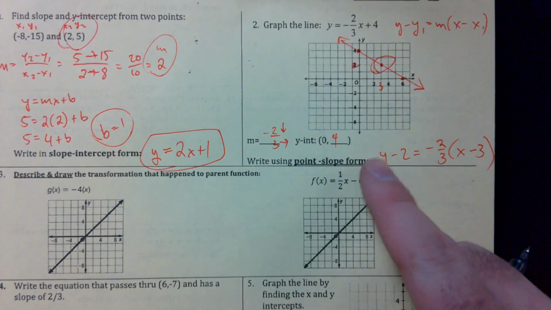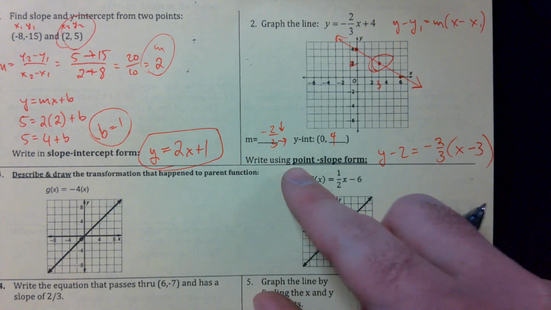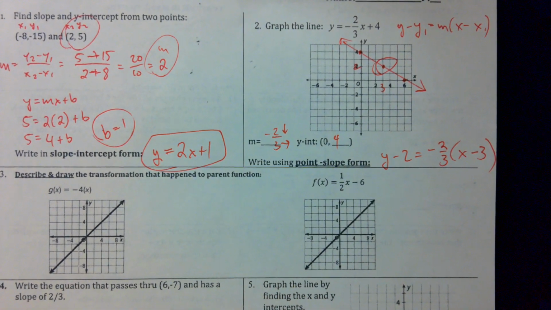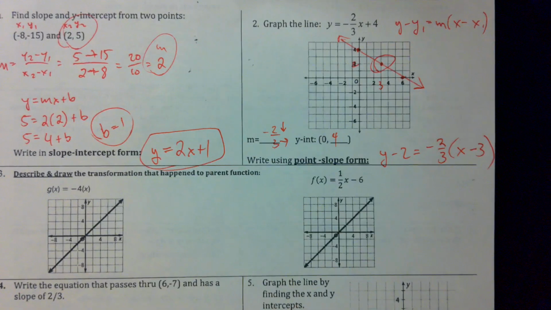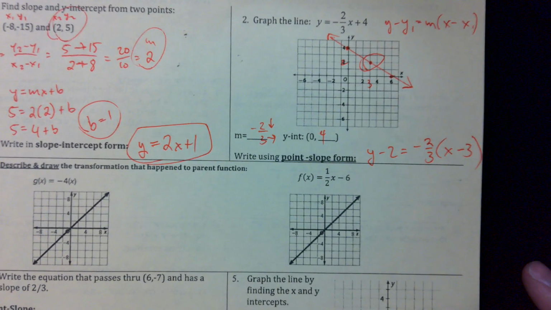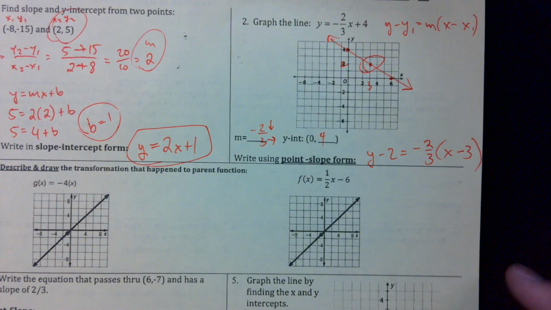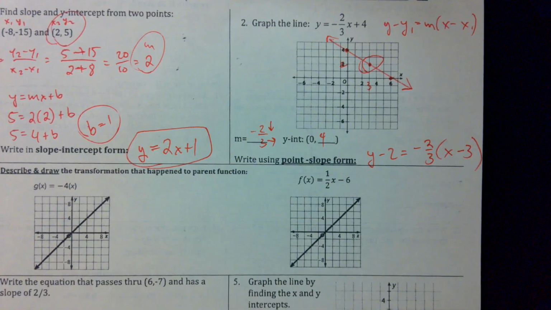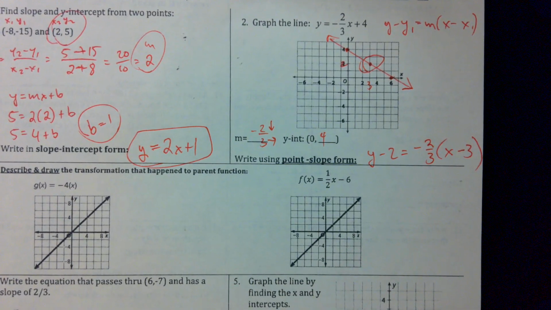On the test, it'll say write using point slope form using the point blank blank. So everyone should have the same equation if you're using the point it gives you. But that's one option of what we could get. In fact, there's an infinite number of things we could get because there's an infinite number of points on any line. That's just the one that I picked. Okay?